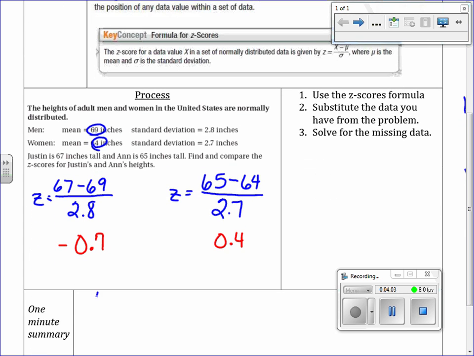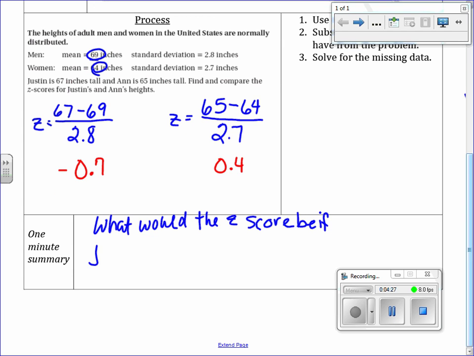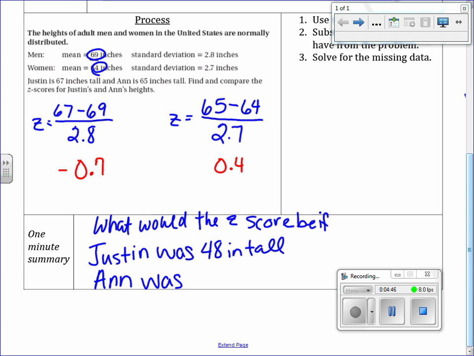All right, what would the Z-score be if Justin was 48 inches tall and Ann was 72 inches tall?